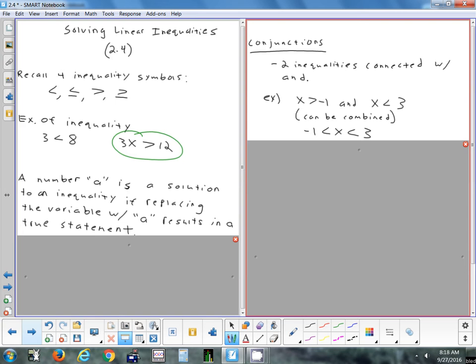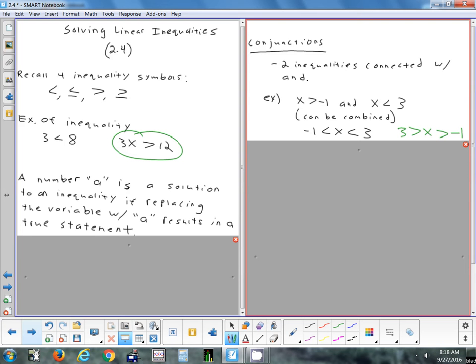Okay, so the four types of bounded intervals you can have. You can have an interval that's fully closed, closed on the left, closed on the right. You can have an interval that's fully open, open on the left, open on the right. And then you can have a half-open interval, or half-closed if you're pessimistic. But the idea is that one side is open, one side is closed.